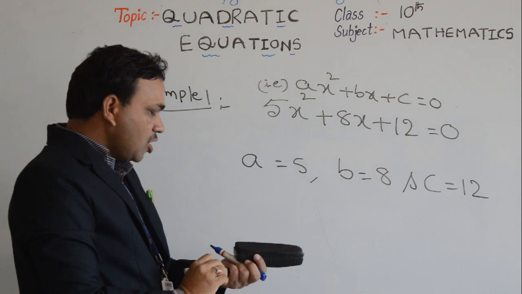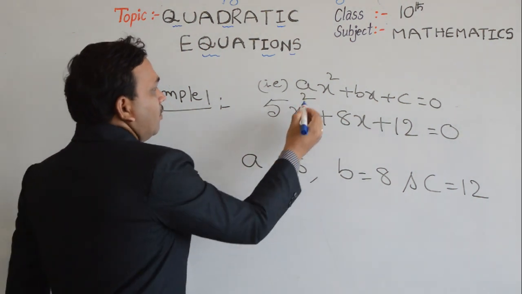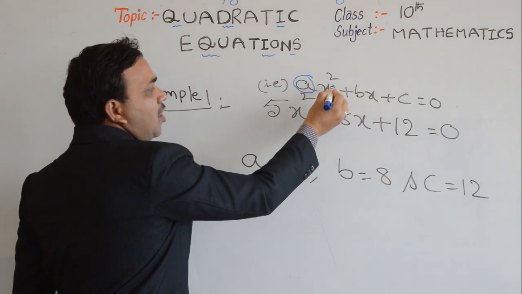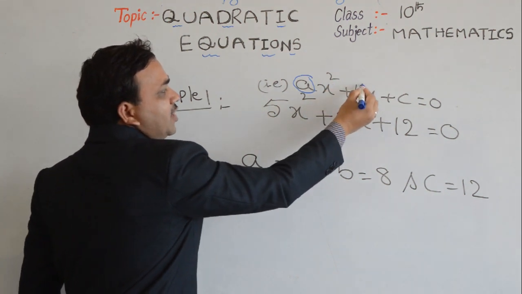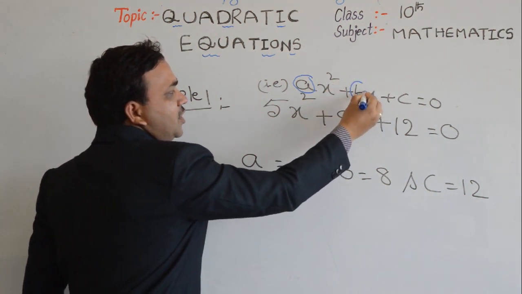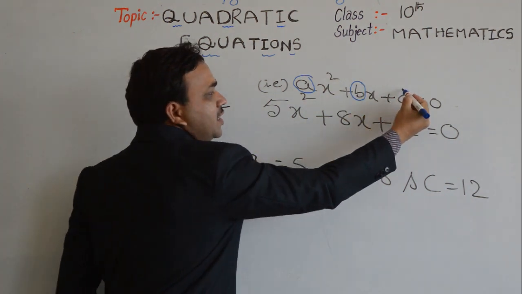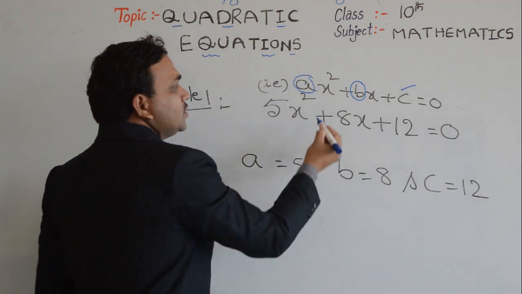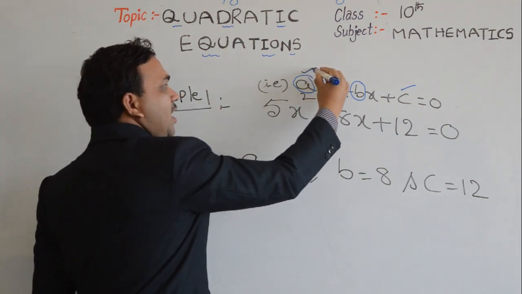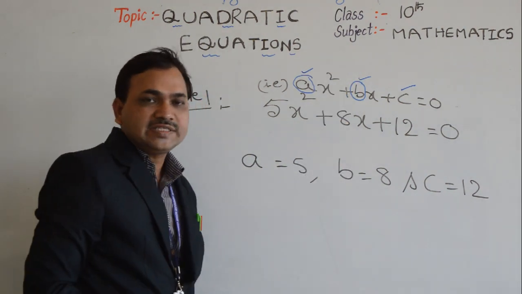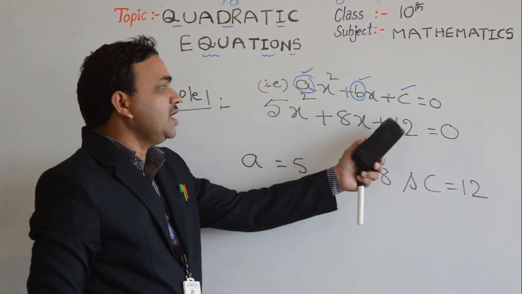So what is the meaning of a? a is the coefficient of x square. And what is the meaning of b? The coefficient of x. What is the last number? The constant term c. So x square's number is a, x's number is b, and the last term, the constant term, is c.